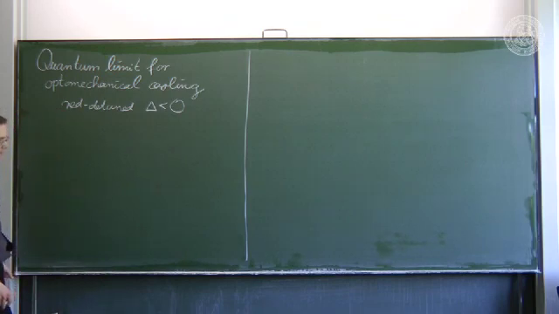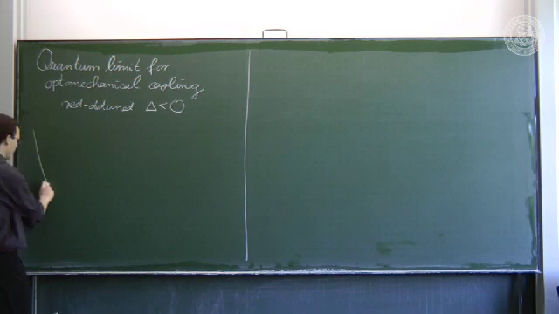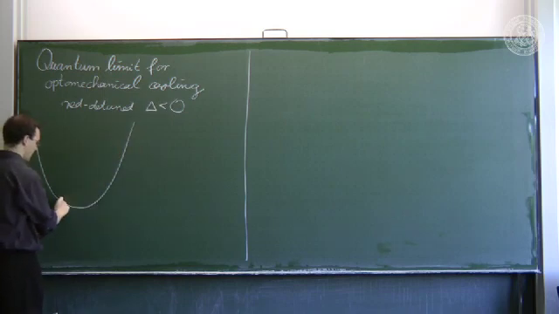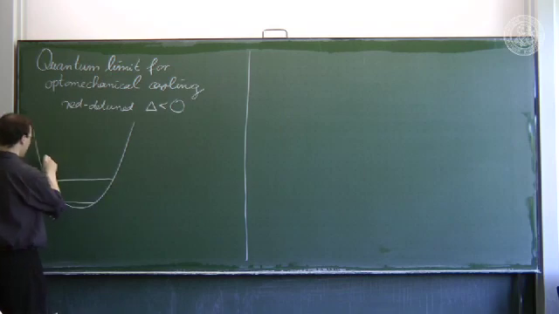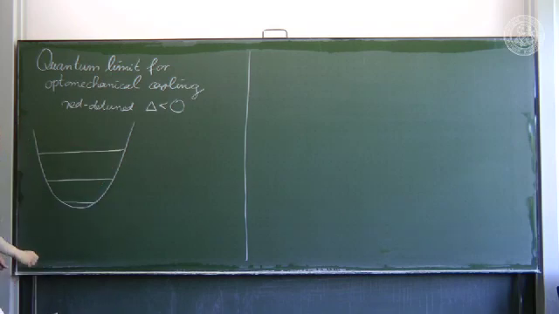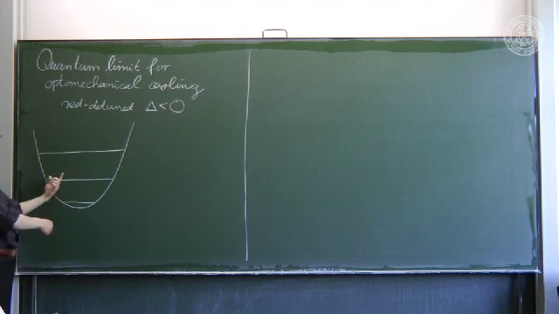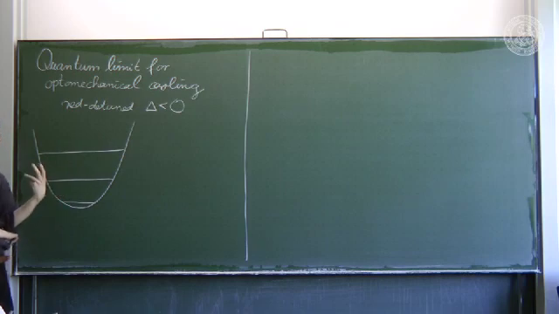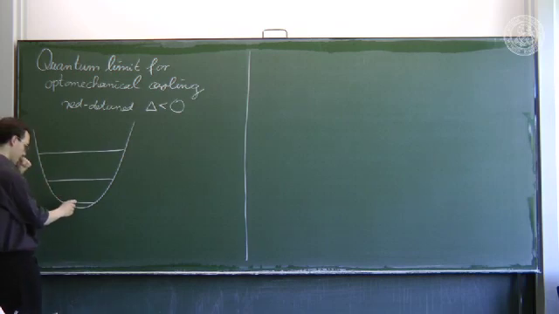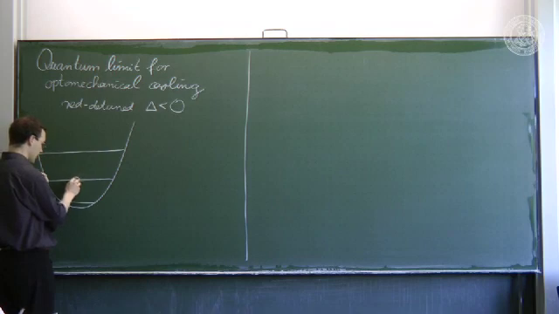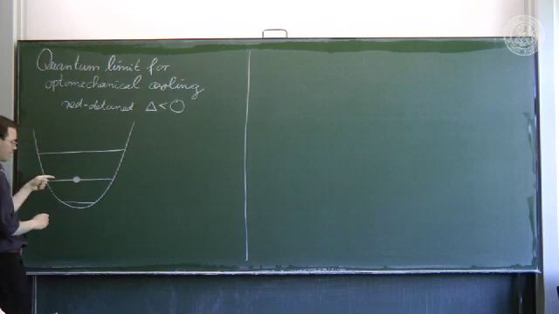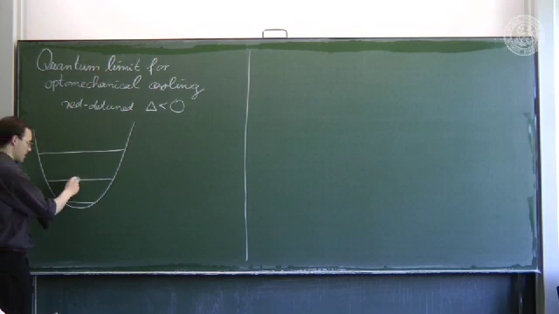Now, what I want to calculate is what happens to the mechanical oscillator under the influence of the optical cavity. And I already anticipate that it will just undergo relaxation and maybe also a little bit of heating. That is, I want to calculate golden rule transition rates. For example, if the mechanical oscillator is in the one phonon state, there will be a rate at which it decays down to 0 phonons.